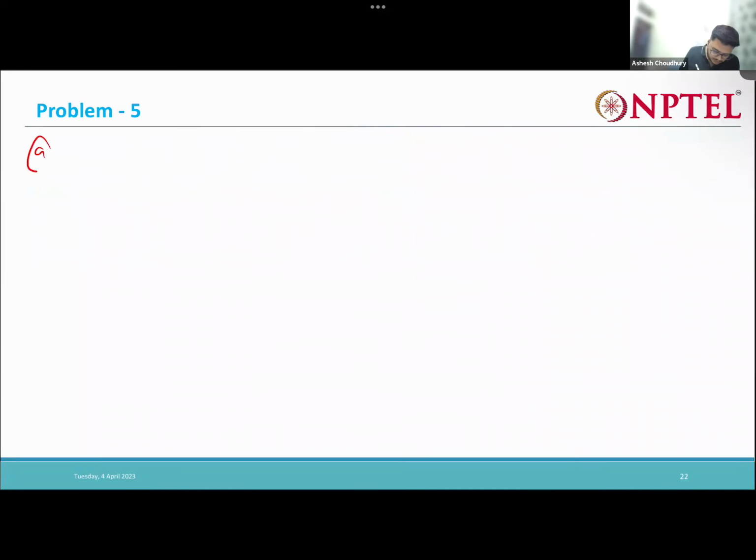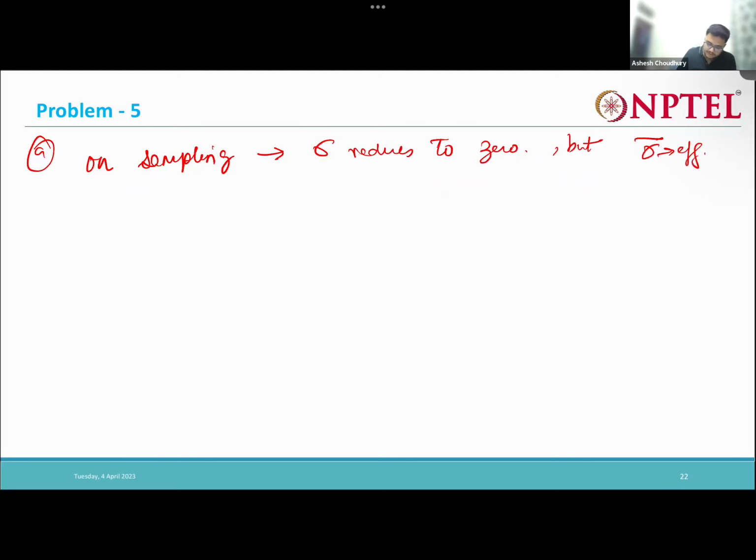Right, on sampling sigma reduces to 0, because you are taking out the sample. But the sigma dash, my effective normal stress, remains unchanged.